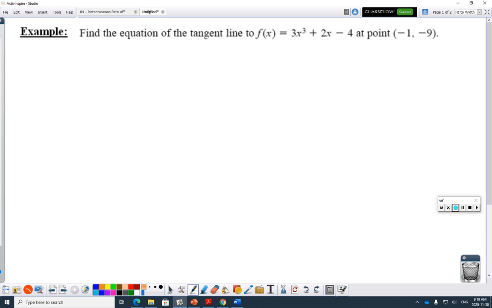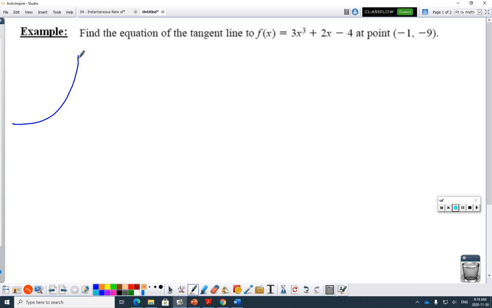It says, find the equation of the tangent line of f at x, f at x equals 3x cubed plus 2x minus 4, at the point -1, -9. Okay, a lot going on here. Let me draw a picture that helps to frame exactly what I'm trying to accomplish. There's some curve.